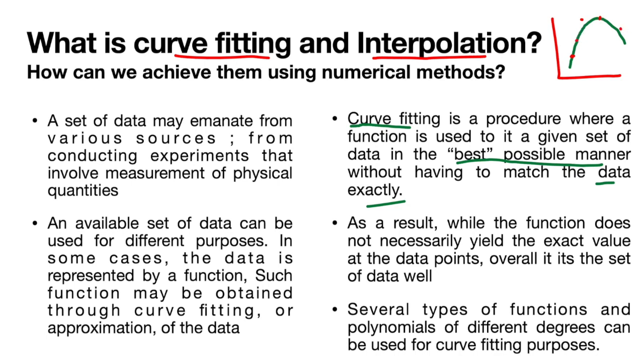For example, if we want to know the value at this point, we can only find it by what we call interpolation of data. This value is not given to us, but we interpolate the data to find the function value or the data value at this point. So this is basically what interpolation is.